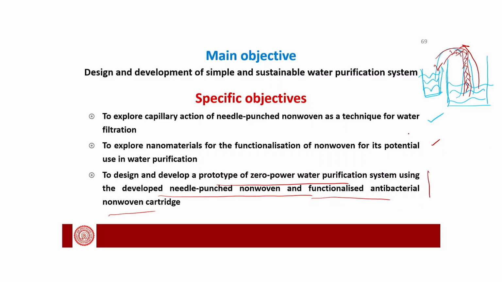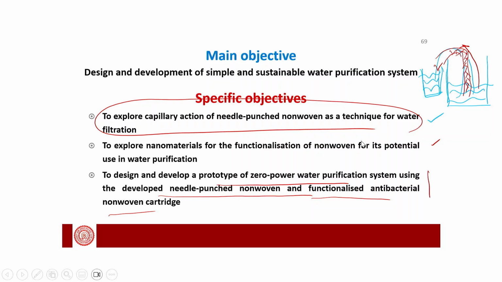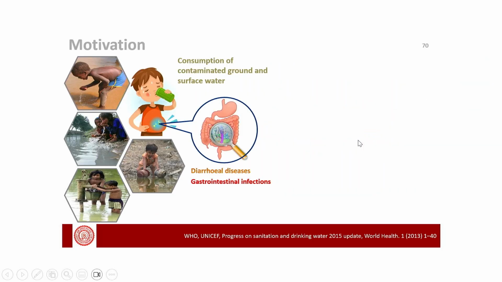First, let us discuss the wicking characteristics, that is, how capillary action helps in water filtration. Before that, the basic motivation of our work was that a large number of people consume contaminated ground or surface water.